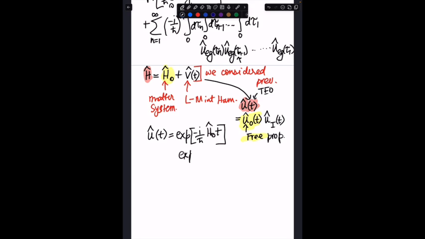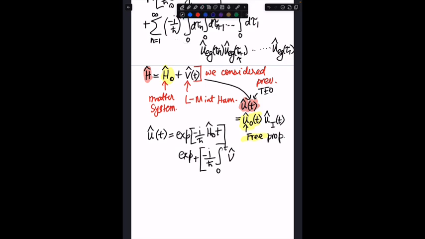exponential of minus i upon h bar, then the integral from 0 to t, and then you can write V. I don't exactly recall if I used V or, some people also use H prime of t for the same perturbation. So some people use H prime t, H1 t, V of t. I suppose I've used V of t previously, so I'm just going to continue with V of t.